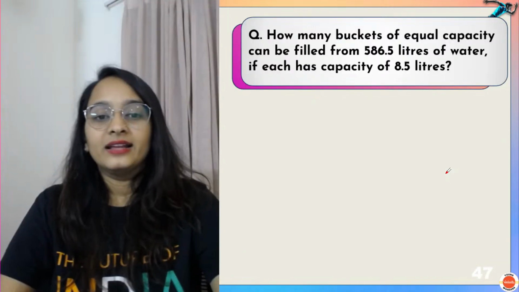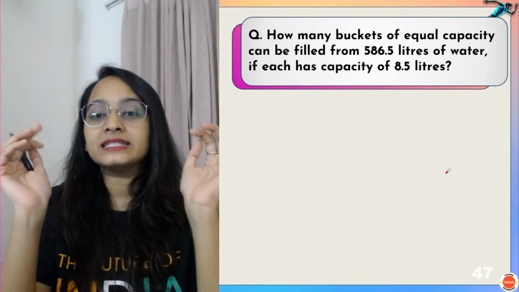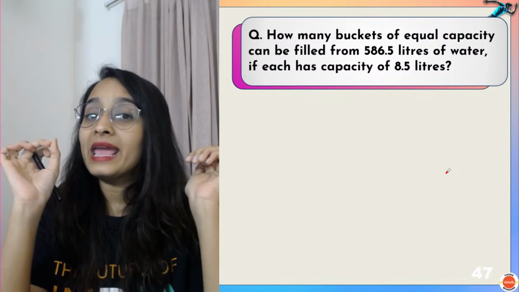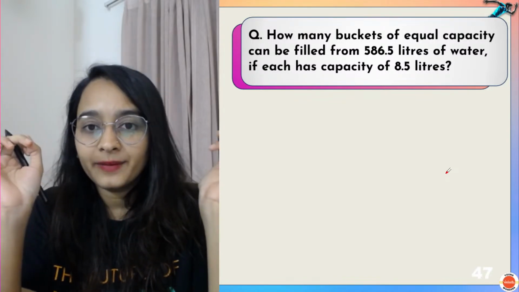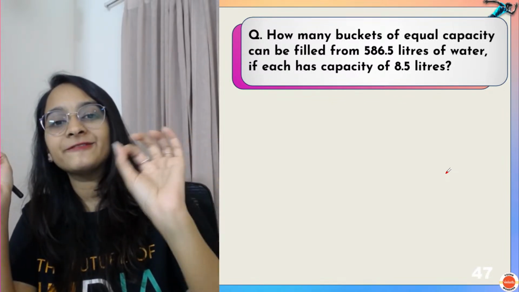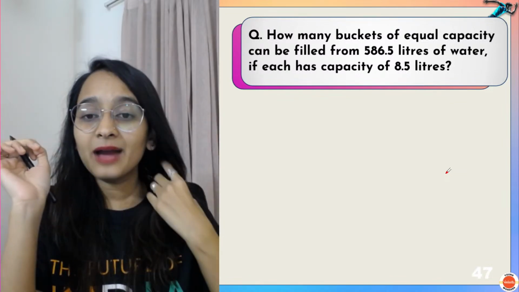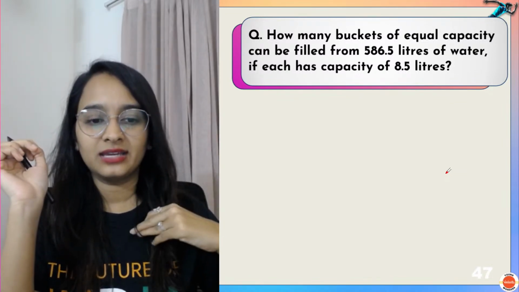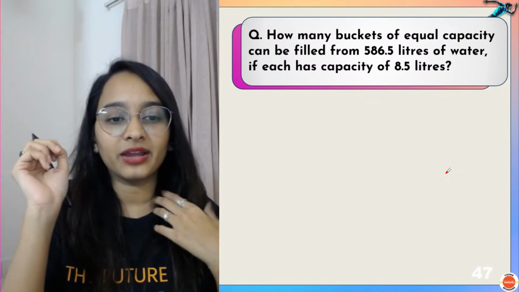Okay. Next question. How many buckets of equal capacity can be filled from 586.5 liters of water if each has a capacity of 8.5 liters? Guys, what do we have to do here? Tell me what you will do here. Multiply, divide, add, subtract, what will you do?